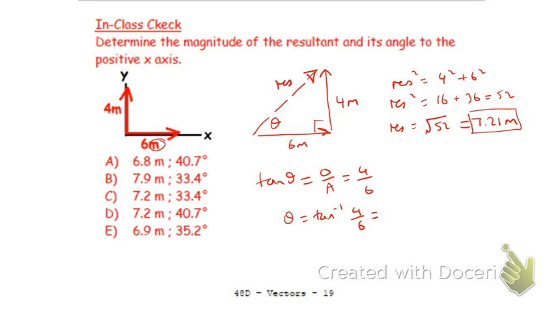I go 4 divided by 6, close my parentheses, I get 33.69 degrees. Let's have a look. I've got a 72. I've got 2 72s. Oh, that's close enough. I'm a bit out, but shame on me, but close enough, you know.